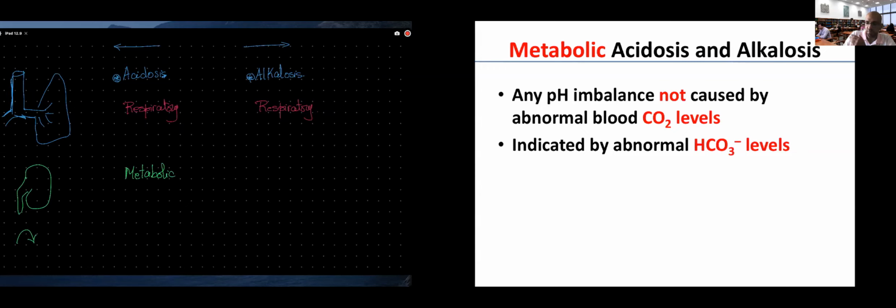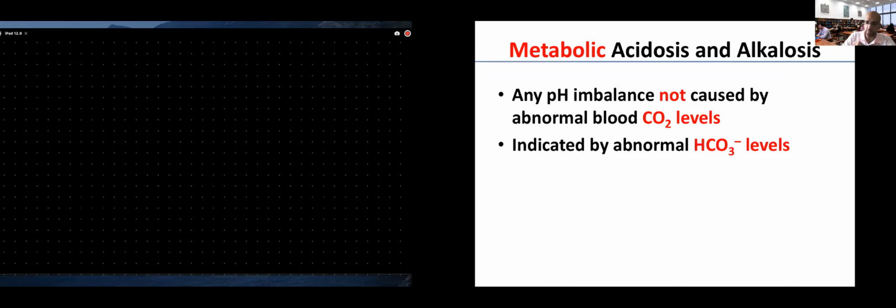So it might be metabolic acidosis or metabolic alkalosis. So again, we classify acidosis and alkalosis according to the reason behind the disturbance in the blood pH into either respiratory or metabolic. So I'll give you some examples on here.